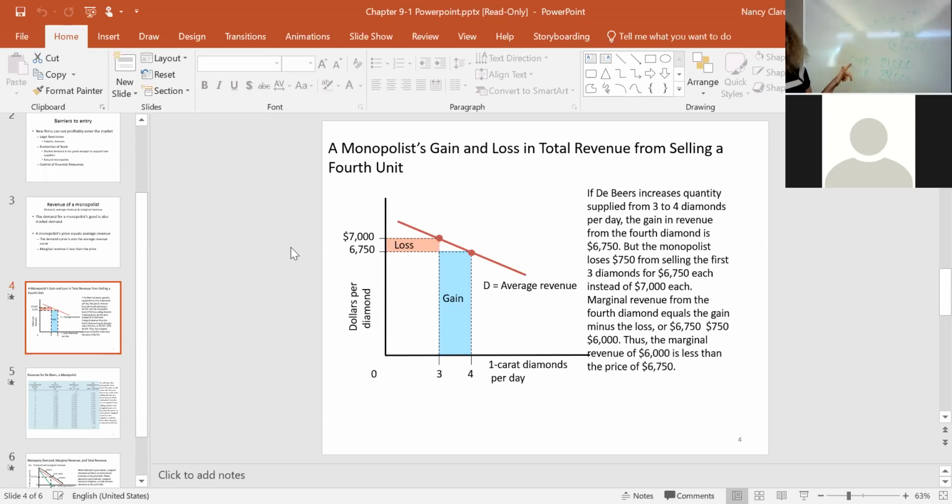Any questions on this? You should know how to look at this graph, tell me what the loss is, tell me what the gain is, be able to net them together and express that that is marginal revenue. Okay? Any questions? All right.